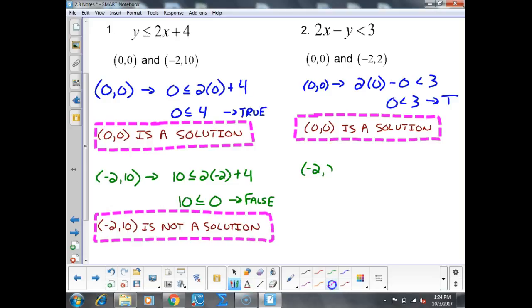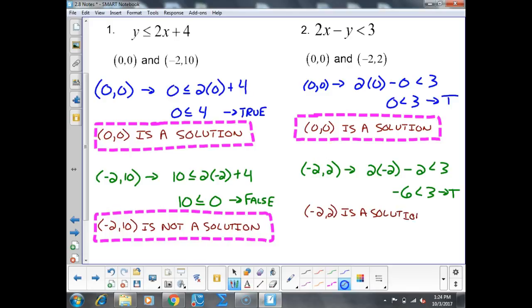Negative 2 comma 2 is going to be 2 times negative 2 minus 2 less than 3. Negative 4 minus 2 is negative 6, which is less than 3. That is also a true statement. So that one is a solution. So in this case, they both are solutions.